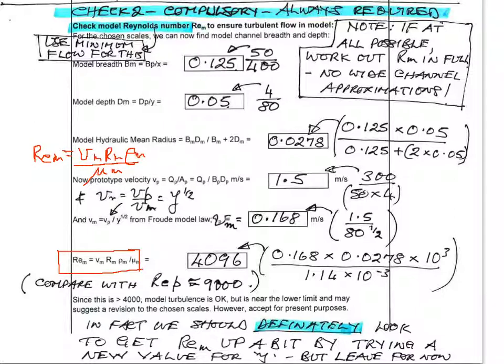Now, I know earlier we said we could assume the model was a wide channel and we could estimate the hydraulic radius as just being given by the model depth.